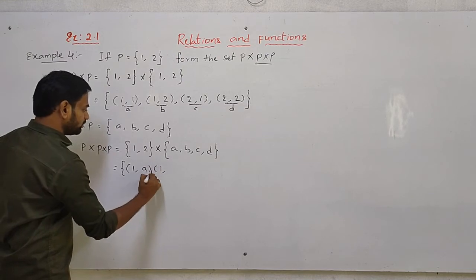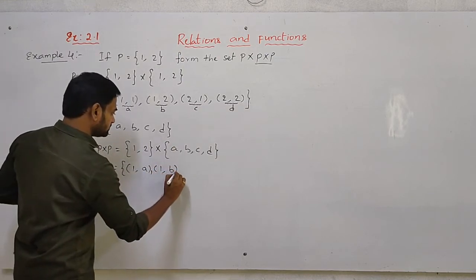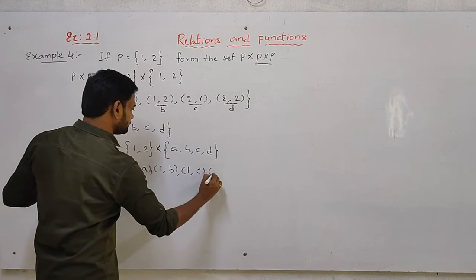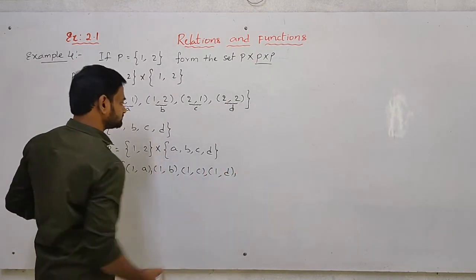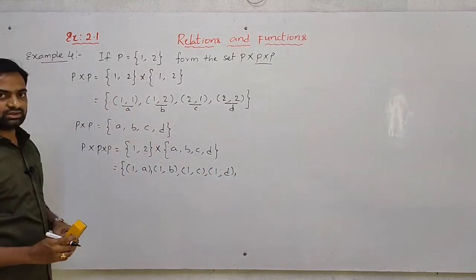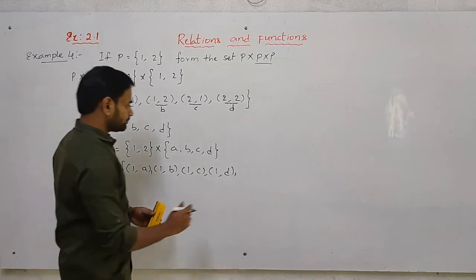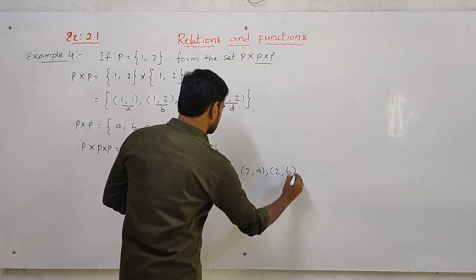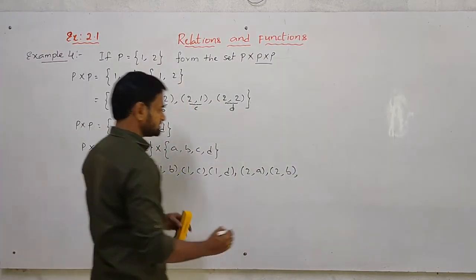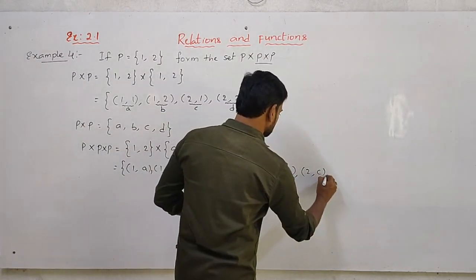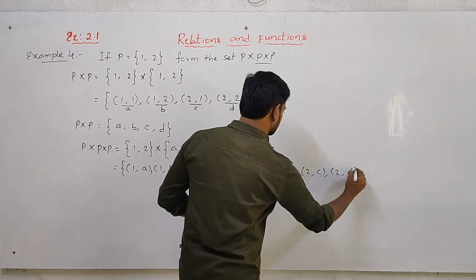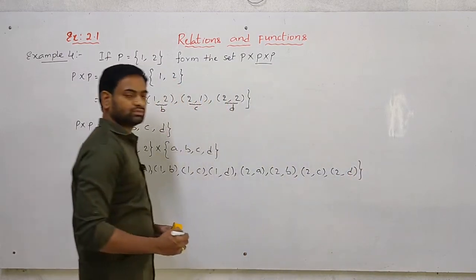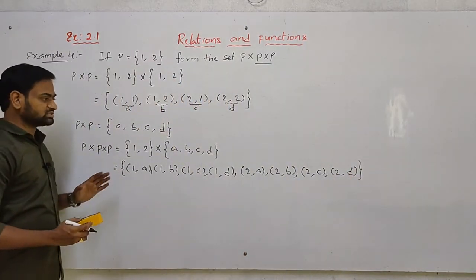Next, (1, B). Next, (1, C), (1, D). With 1 complete. Next, with 2: (2, A), (2, B). Next (2, C). Next (2, D). So these are the ordered pairs now.